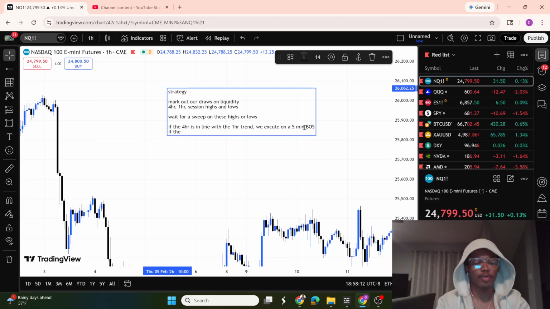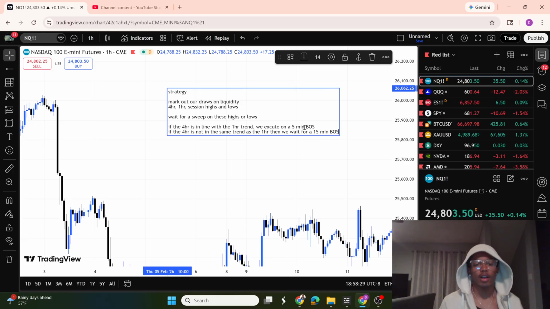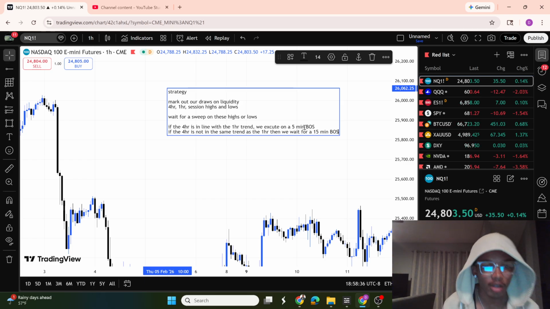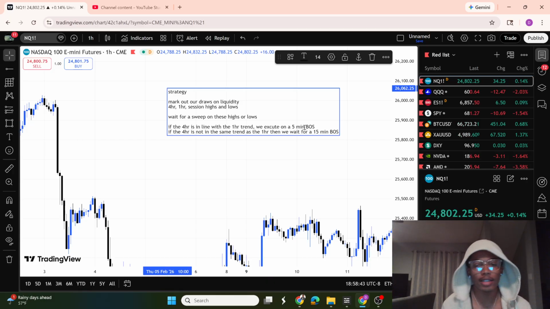If the 4 hour is not in the same trend as the 1 hour, then we wait for a 15-minute break of structure. Okay, hopefully this makes sense. If the 4 hour and the 1 hour trend are in line, cool, we can execute off a 5 minute break of structure. Boom. If the 4 hour and the 1 hour are not in the same trend, then we are executing off a 15-minute break of structure.